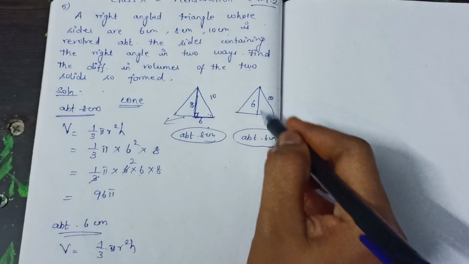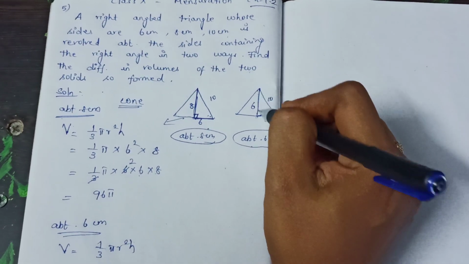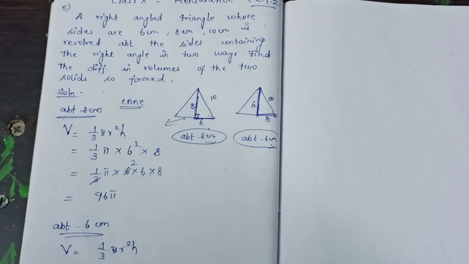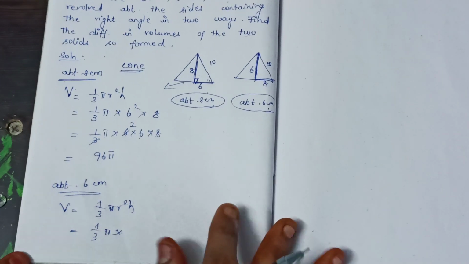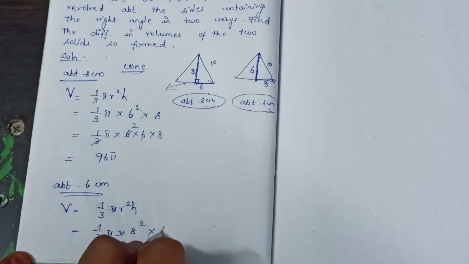So here when we rotate about 6 centimeter, radius is 8 and height is 6. Therefore we have 1 by 3 pi into r squared. So r is 8. 8 squared into 6.